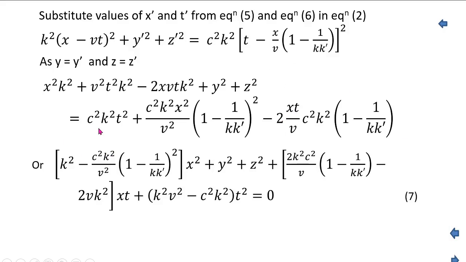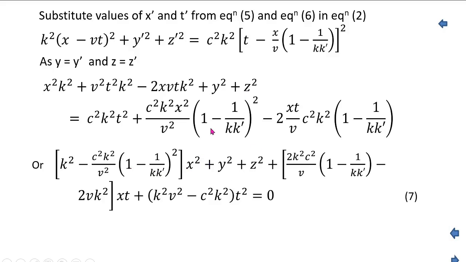Then collect the terms of x. Taking x square common from this term and this term, we get k square minus c square k square upon v square (1 − 1/k dash) bracket square. x square is taken common. Then this is y square, here z square.